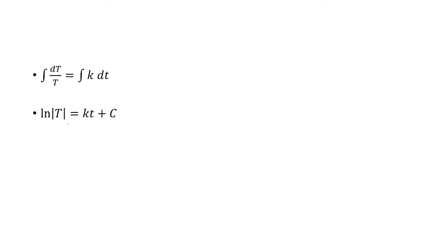So in other words, e raised to the power. So e to ln of T would just give me T. And then we have e to the kt plus C. Now I can split this up, e to the kt plus C as e to the kt times e to the C. And so e to the C is just going to be some constant. And I'm just going to call it C1.